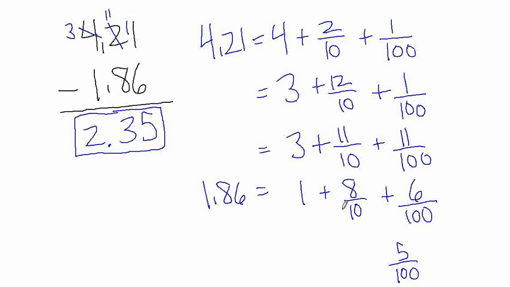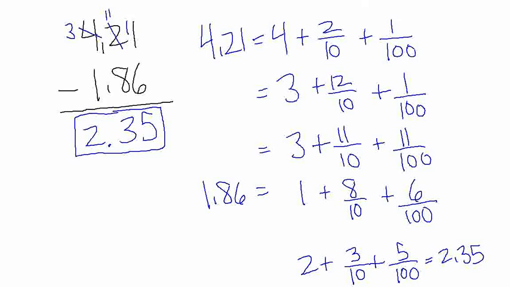If I do 11 over 10 minus 8 over 10, I get 3 over 10. And if I do 3 minus 1, I get 2. All right, so I have this sum that's equal to the difference that I'm looking for, and that's equal to 2.35. All right, so study this. This will help you to see why the method of what I did there works. Okay?